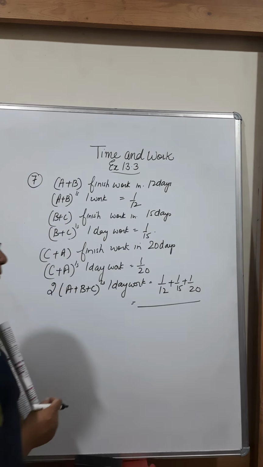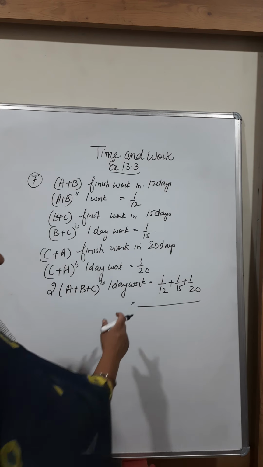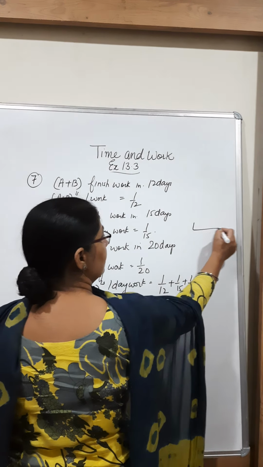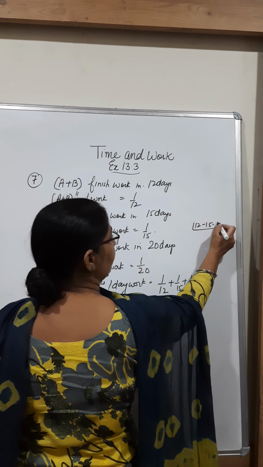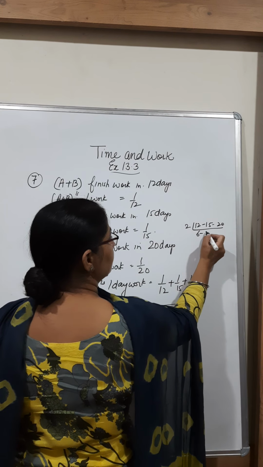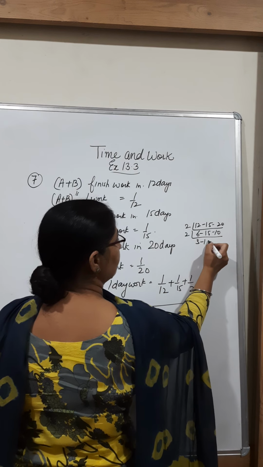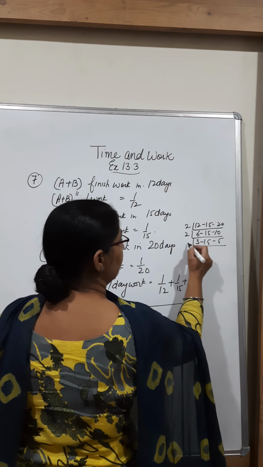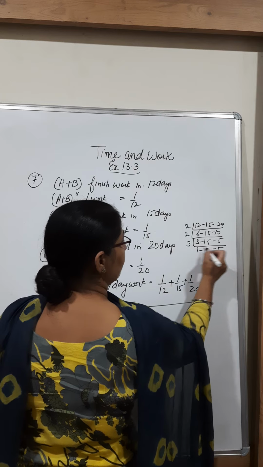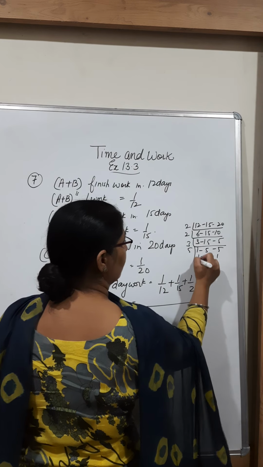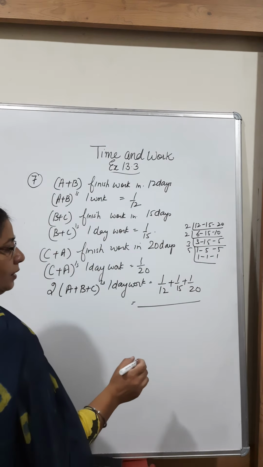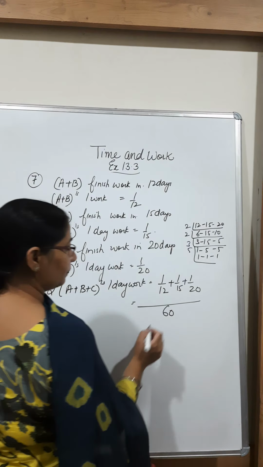Now you will take the LCM of this. When you will take the LCM of 12, 15 and 20, 2 6s are 12, 2 10s are 20, 2 3s are 6, 2 5s are 10, 3 1s are 3, 5 1 1 1. So 2 2s are 4, 4 3s are 12 and 12 5s are 60.